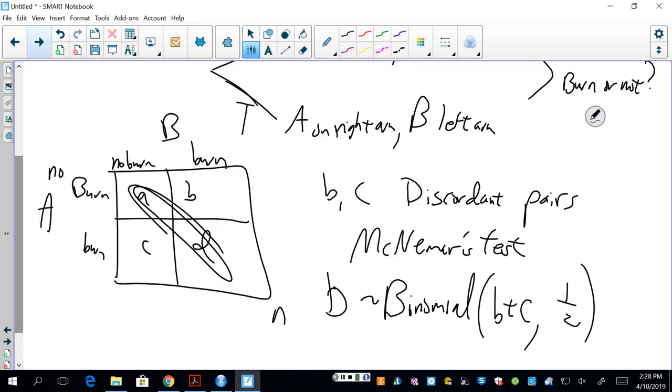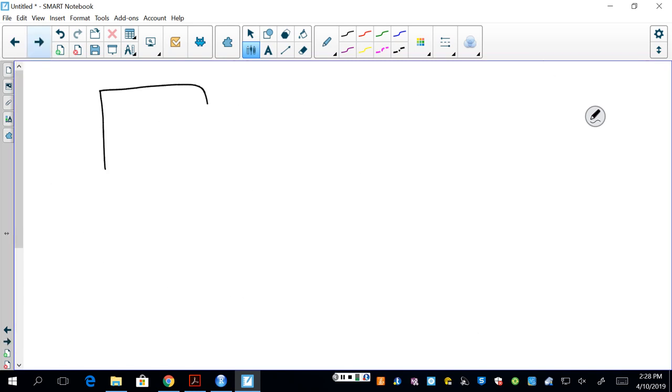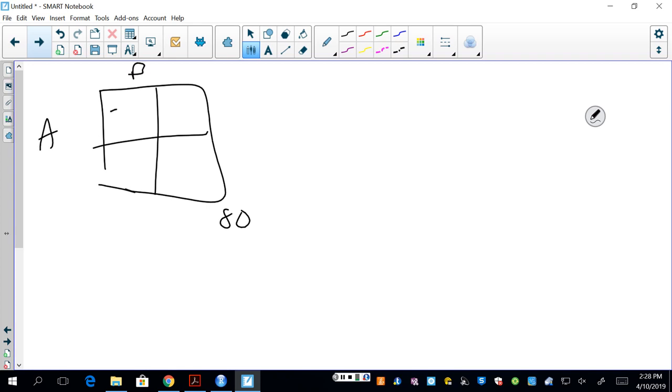Let's say you had 80 subjects, and here's A and B, and 24 times and 36 times were here, but there were 8 times here that this is burned, and this one was burned. So 8 times B avoids the burn, but A does not, and here 12. Is 8 and 12 an unusual balance if it's supposed to be 50-50?